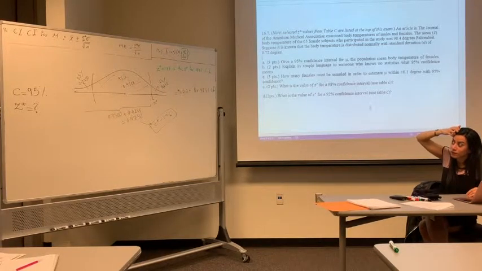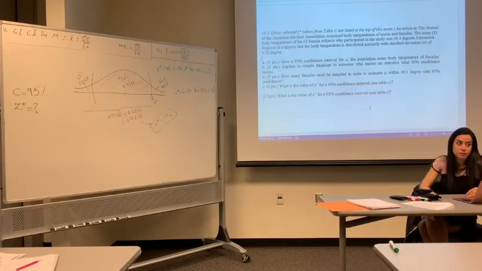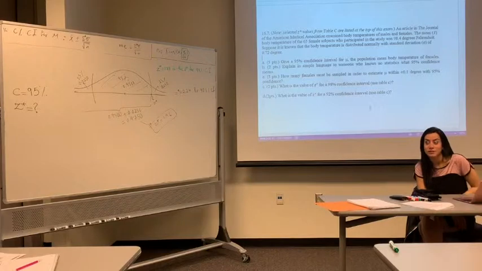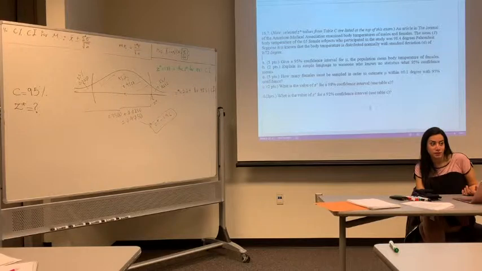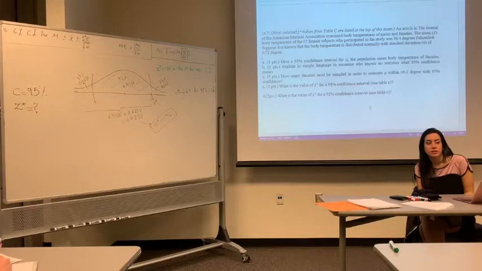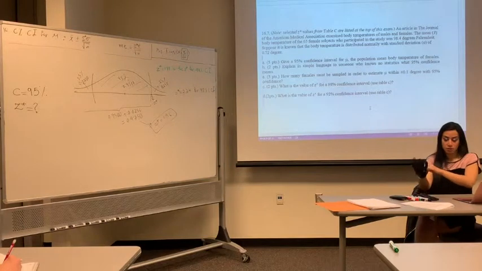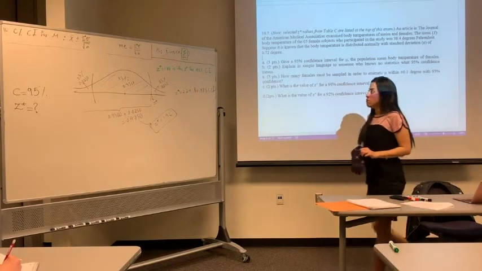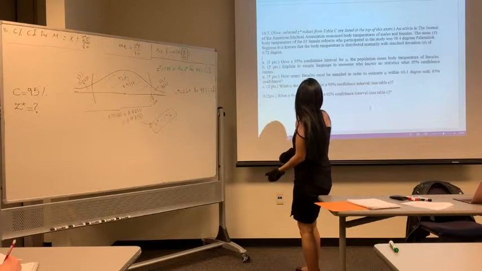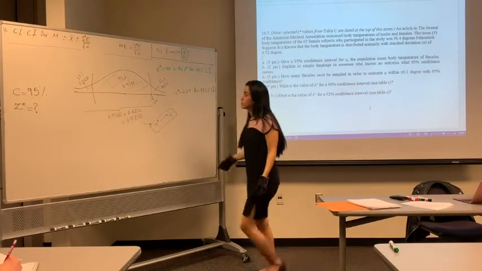The C% confidence interval for mu. It says construct a confidence interval. So what was the formula for the confidence interval? X bar plus minus sigma over square root of n. No, sorry: x bar plus minus c star multiplied by sigma over square root of n. That is the formula for the confidence interval. Replace all the numbers and you will find it.